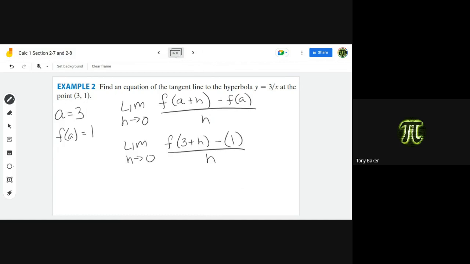Because remember, f of a is just y. So if you plug 3 into this problem, 3 divided by 3 is 1.